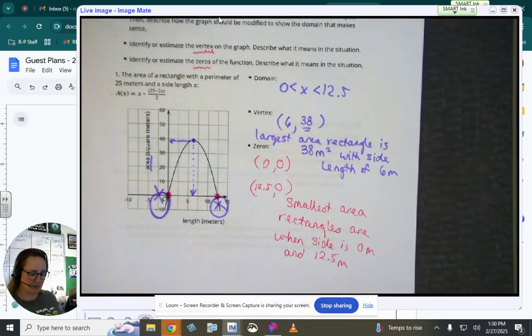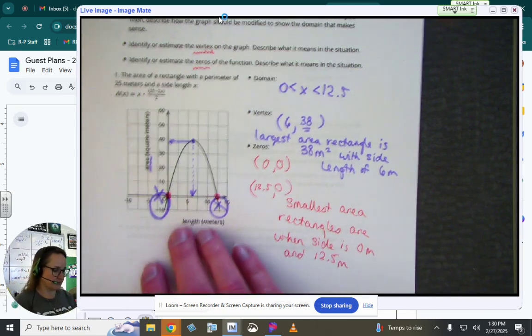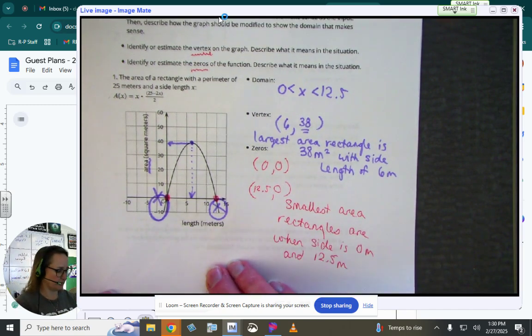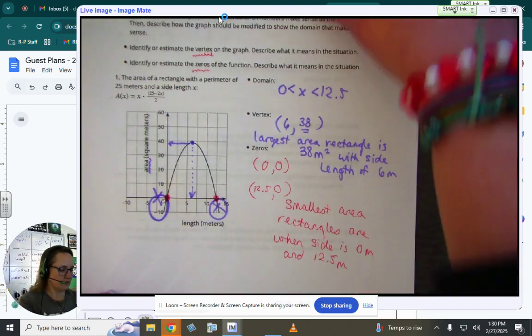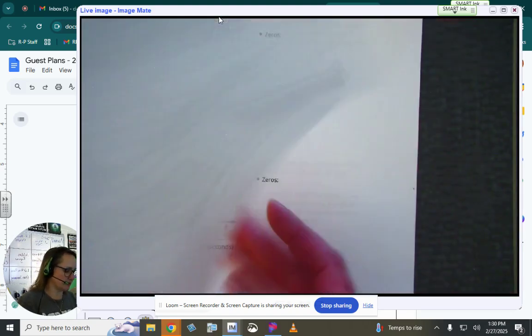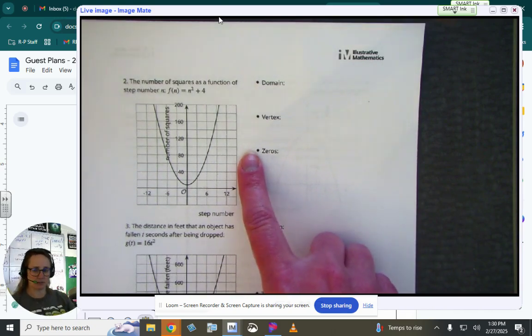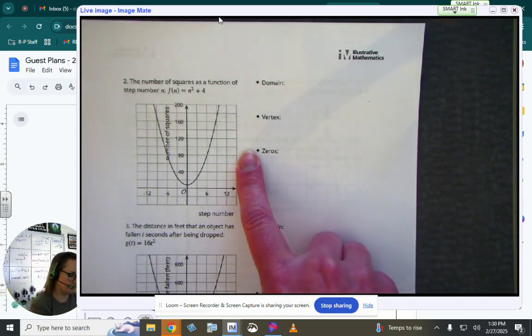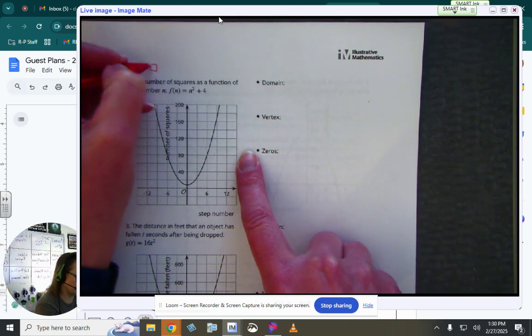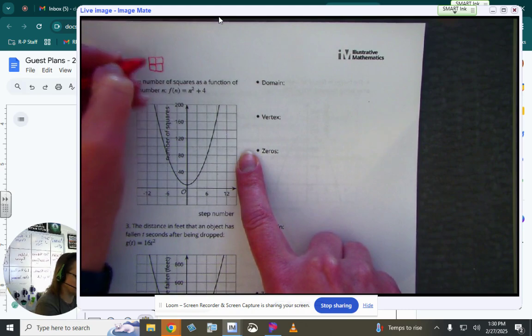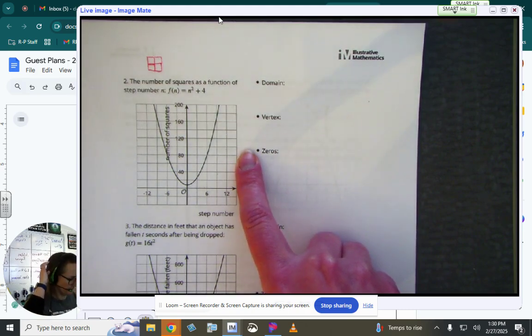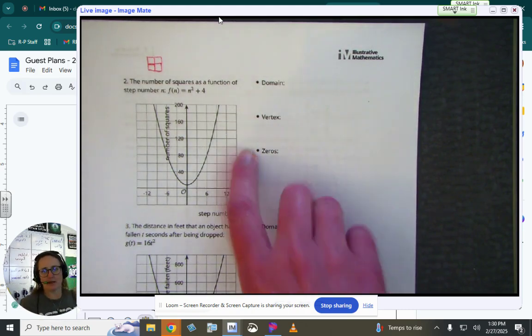I'm going to go a little bit faster for our next ones because there's a whole bunch of these. And then it actually asks you to work together to think about those. So let's see what else we've got. Number of squares as a function of step number. So we've got a pattern going on here. And it looks like, so if we had a pattern of squares, we might have that.